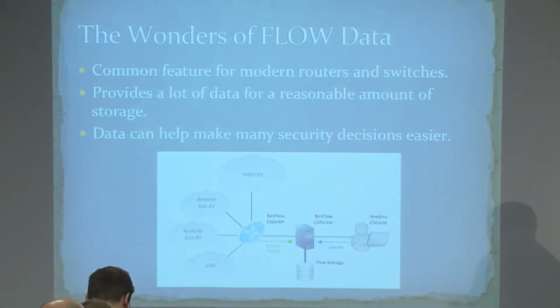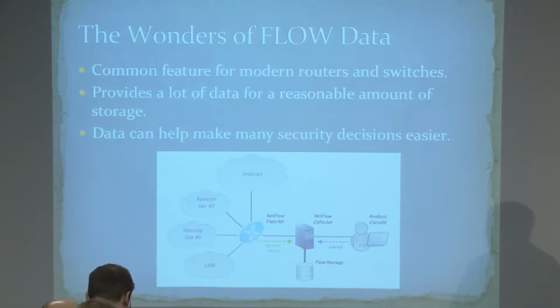NetFlow is a summary protocol. It looks at IP source, IP destination, ports, protocols, and volume of traffic, but it's not the data itself. So you will never get from NetFlow what actually happened on the network, but you're going to know where it went, how it went, what ports it went to, things like that. And that's proven to be extremely valuable.